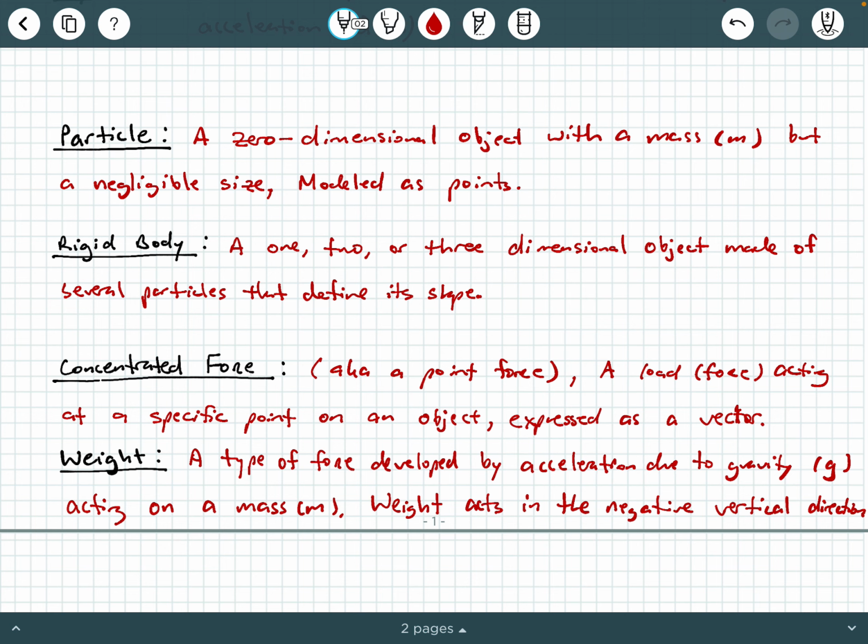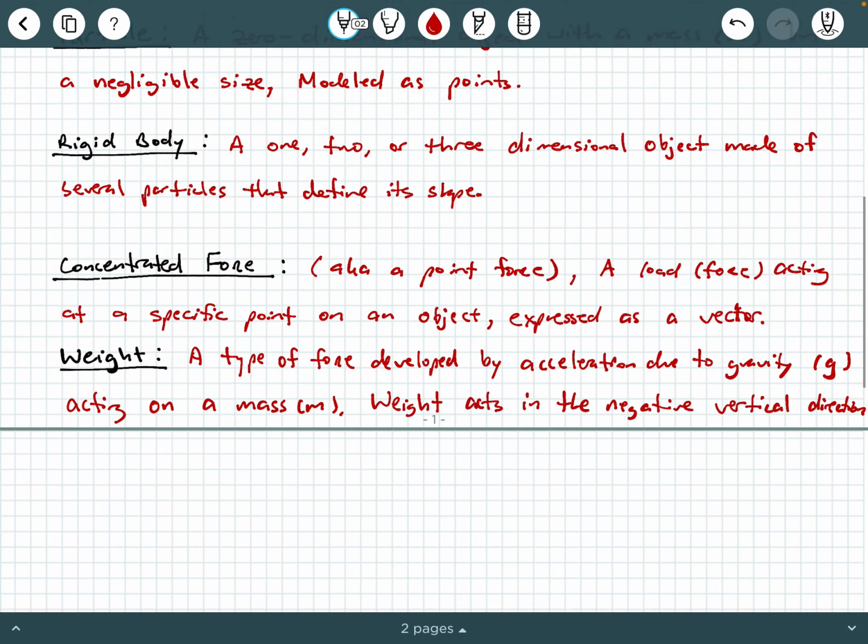Now, one thing to remember, and hopefully you remember this from Physics 1, weight is a type of force, but not all forces are weights. So we've got to keep that in mind. All weights are forces, but not all forces are weights. Let's keep going.